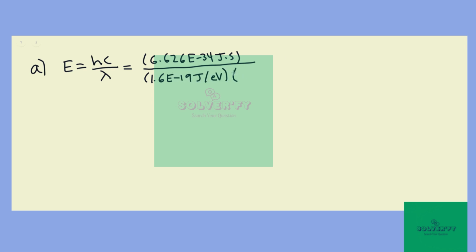We're going to take our 585 e to the negative 9 meters and the speed of light, 3 times 10 to the 8 meters per second. Plugging all these numbers in gives us an energy of 2.12 electron volts per photon.